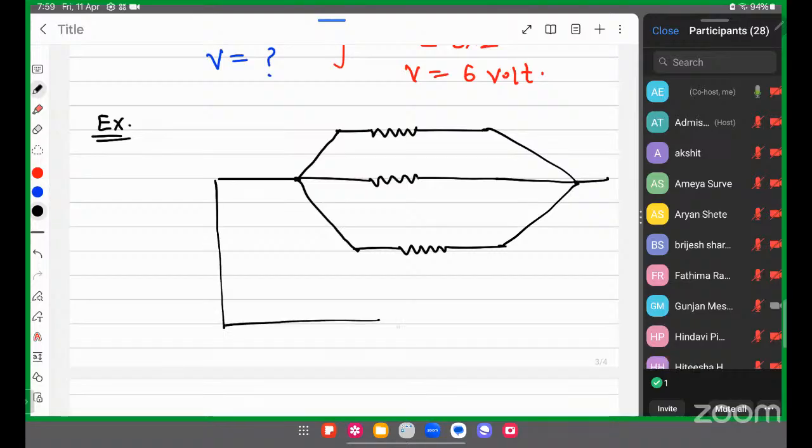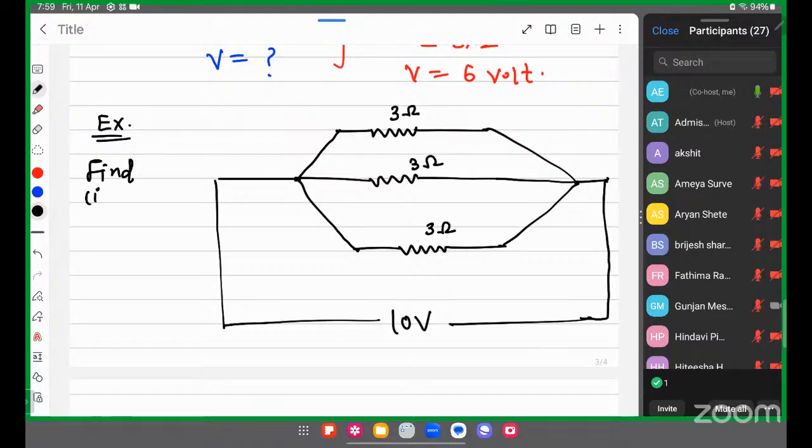This is connected to, let's say, 10 volt, and resistance of each resistor is, let's say, 3 ohm. You have to find for the given figure: number one, equivalent resistance of the system; number two, potential V; and number three, current I.